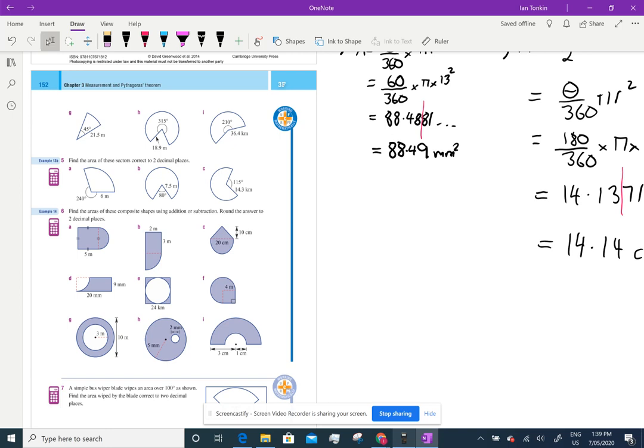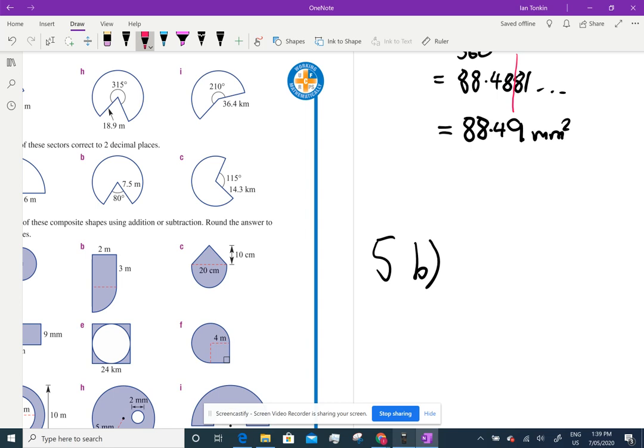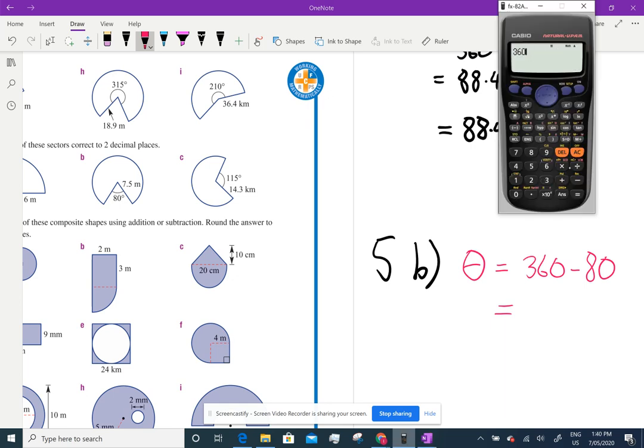All right. I'm going to do one more from 5. 5 isn't that hard. It looks hard. So I'm going to do 5B. So I've got that sector, and they don't tell me the angle of the sector. They tell me the angle of the bit that's been taken out. So how do I find theta? Well, theta will equal 360 minus the bit that was taken out, 80. 360 minus 80, 280.